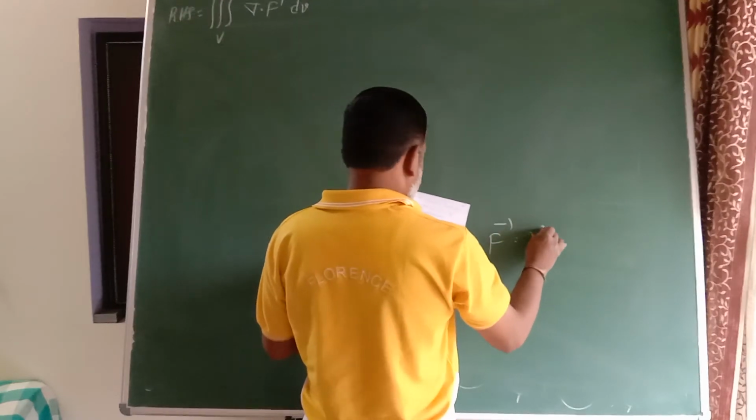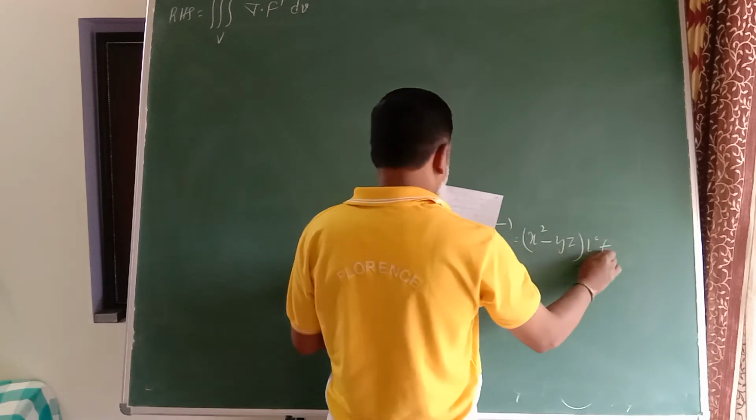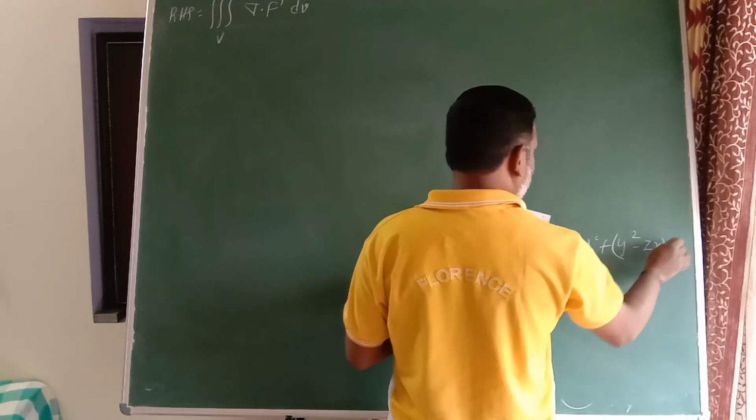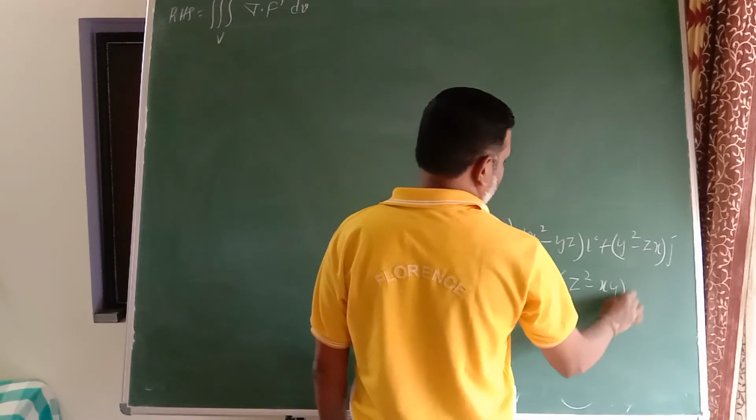F is equal to (x square minus yz) i plus (y square minus zx) j plus (z square minus xy) k.